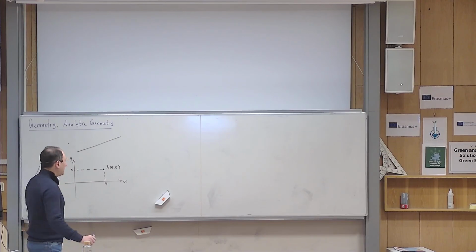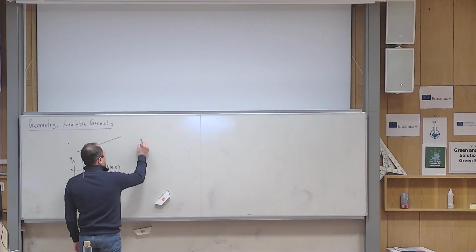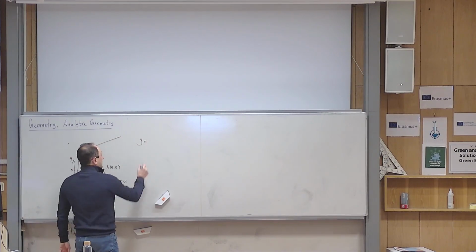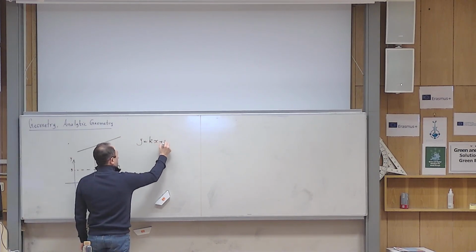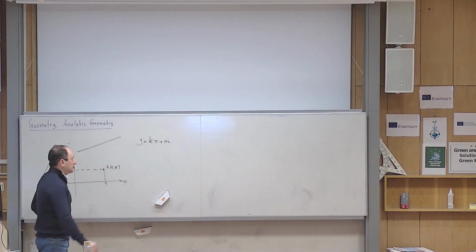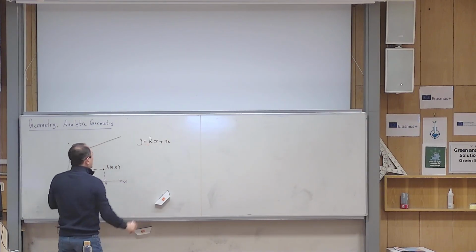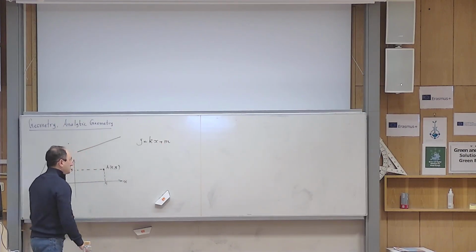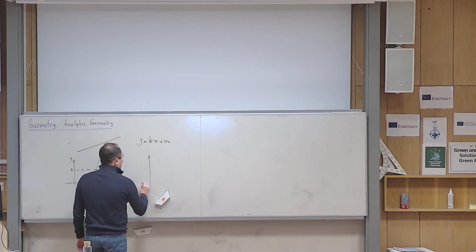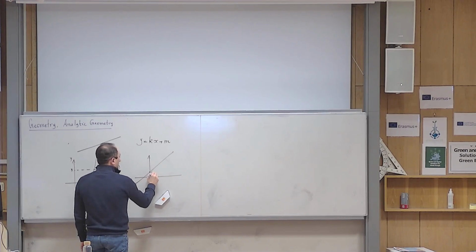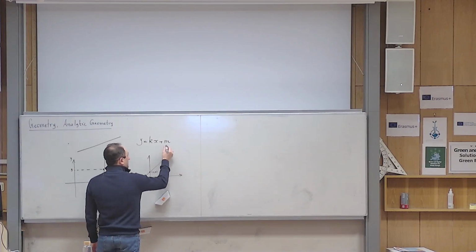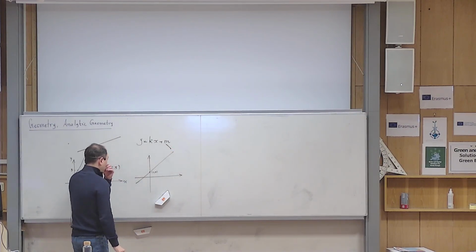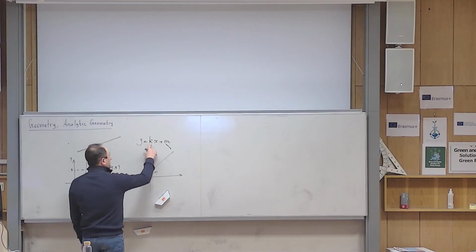We learned that a line of this type has an equation in algebra like this: y = kx + m. Here k has something to do with the slope, and m is the y-intercept. So for example, if this point has coordinates 0 and m, the x-coordinate is 0 and the y-coordinate is m, this can be represented by this equation. Okay, and then what is the meaning of k, the slope?